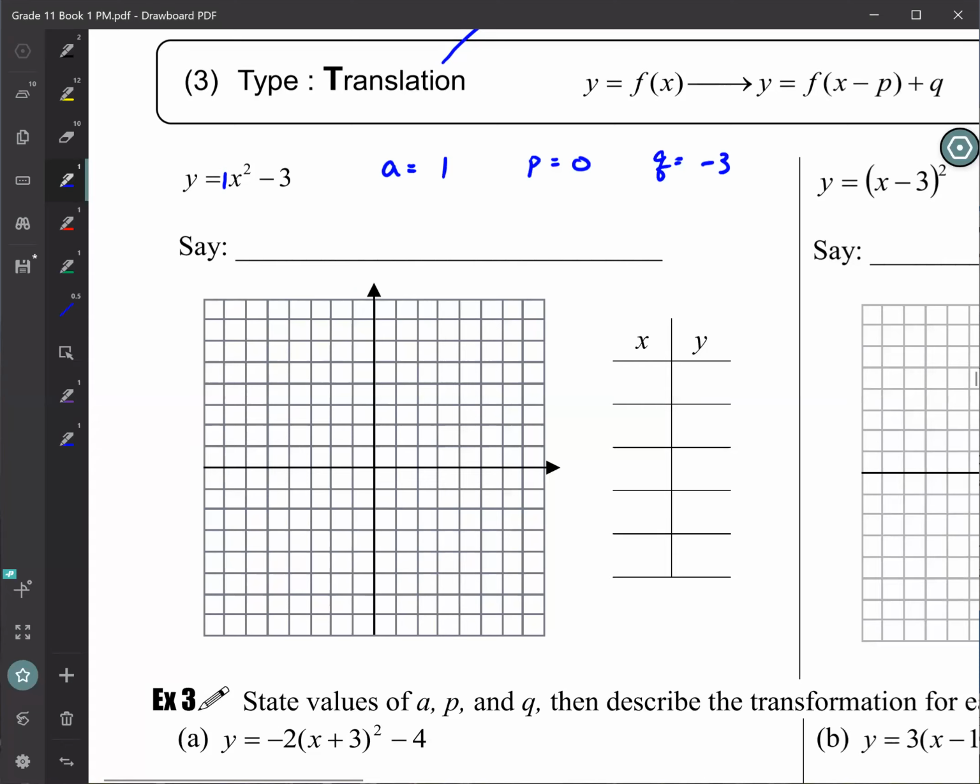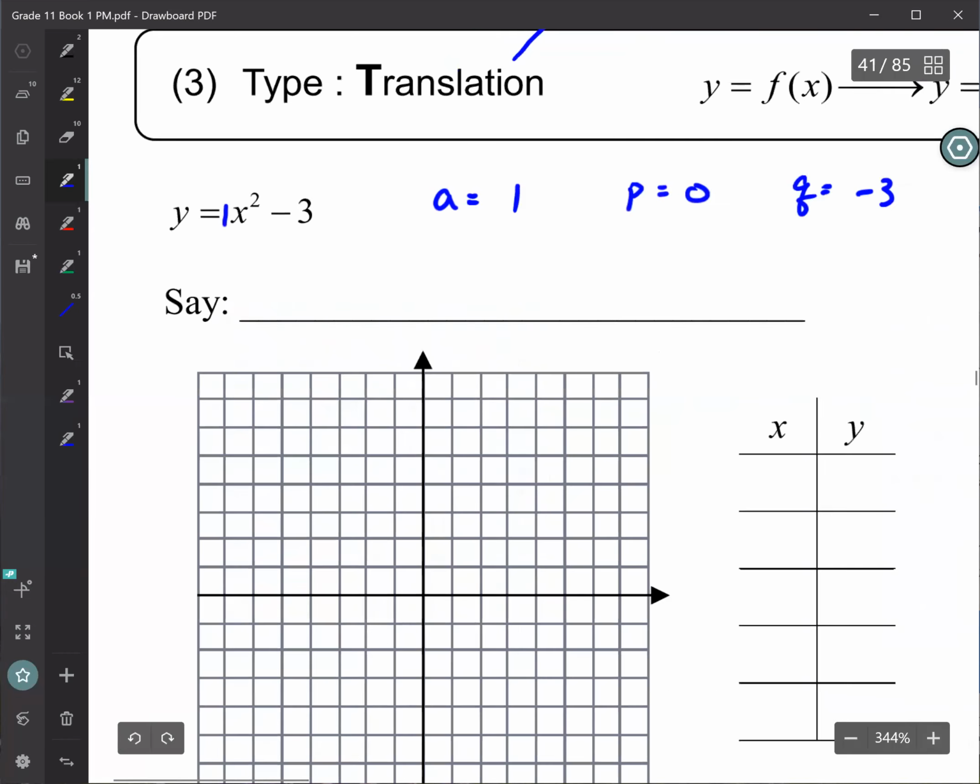This is the first question where we have a Q. For every question we had before, P and Q were 0. Based on the value of A, we know it opens up. And because this number is not bigger than 1 and not smaller than 1, when you describe the stretching or shrinking, you just say none. No expand, no compress.